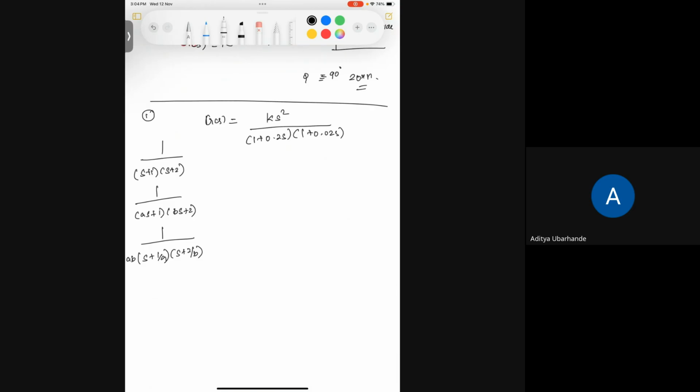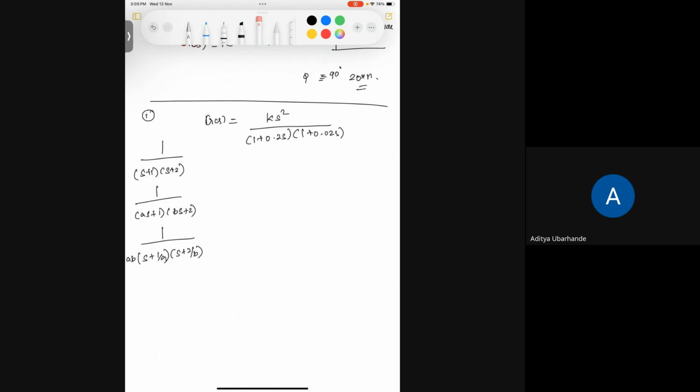This is the common practice we have done so far. But for Bode plots or any frequency response analysis, try to keep the transfer function in the 1 plus st time constant manner itself. So it will be easy for you to calculate. That's how this problem has been written here.